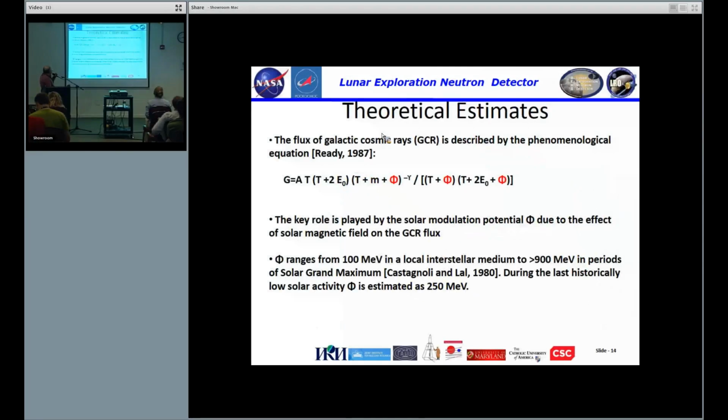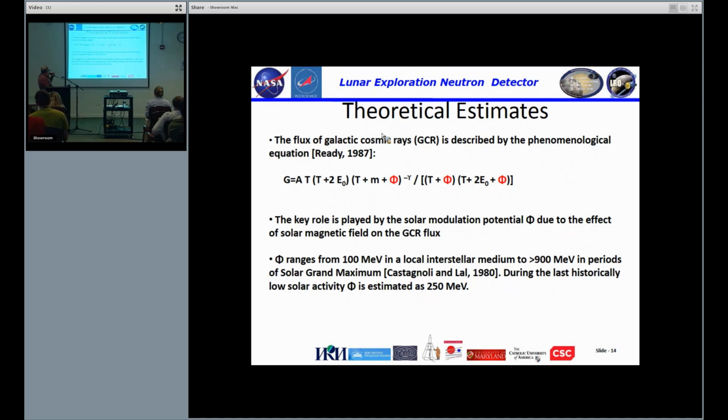Some theoretical estimates, but I need to mention that a much more detailed analysis will be presented this Thursday in the talk by Sagdev. We start with the flux of galactic cosmic rays, which is a phenomenological equation given by Reedy.